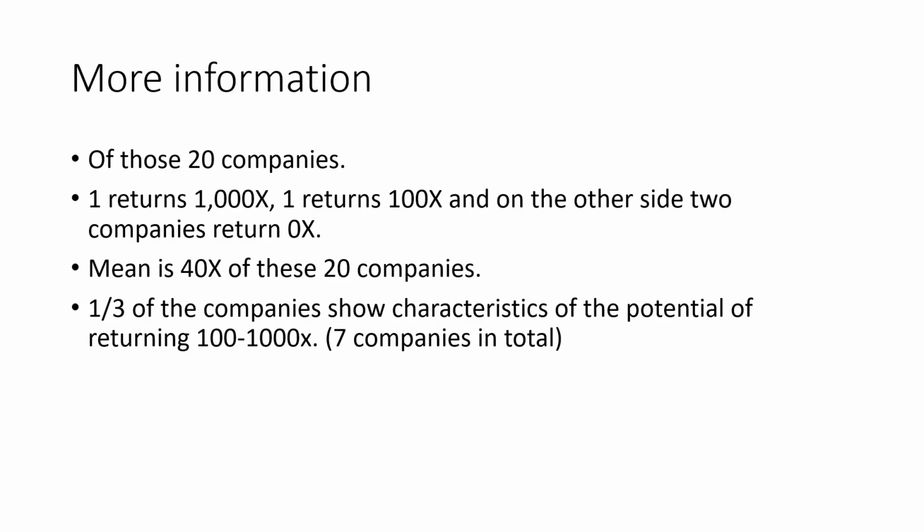So we know that the average, or mean, of the 20 companies returns 40 times. 1/3 of the companies show characteristics of the potential of returning 100 to 1,000x. That means 7 companies in total, roughly, of the 20, so 13 do not exhibit it, but 7 do, that could potentially return 100 to 1,000x.